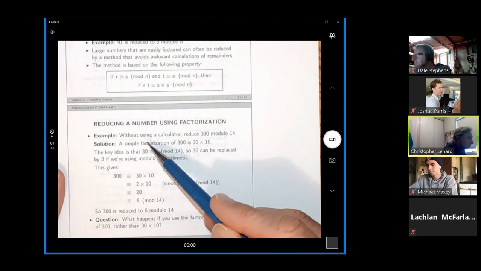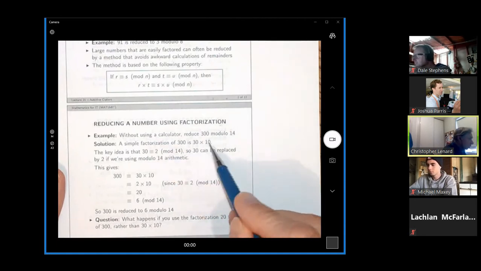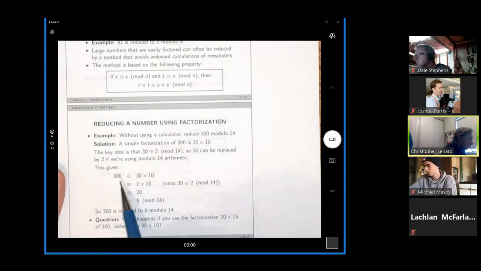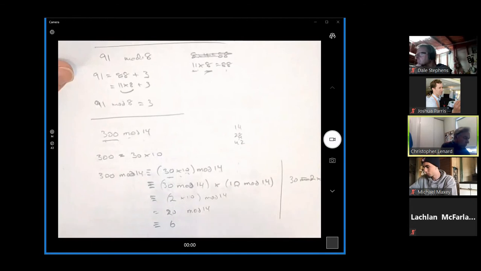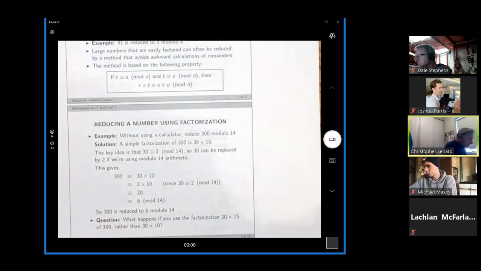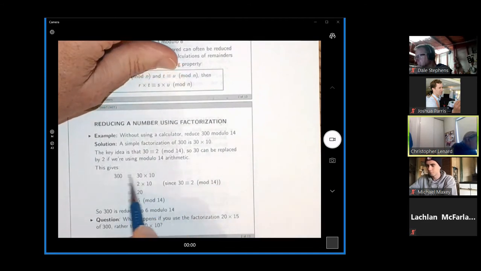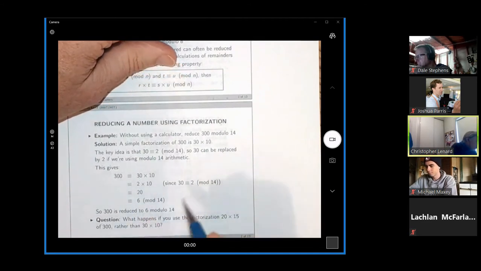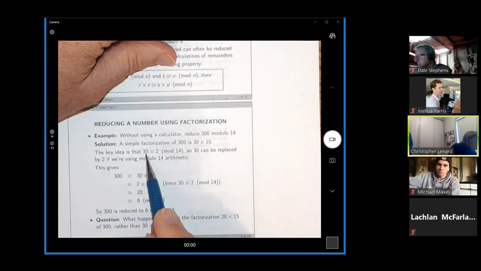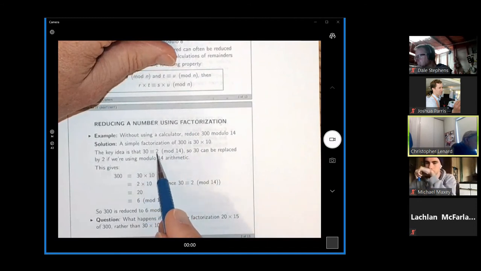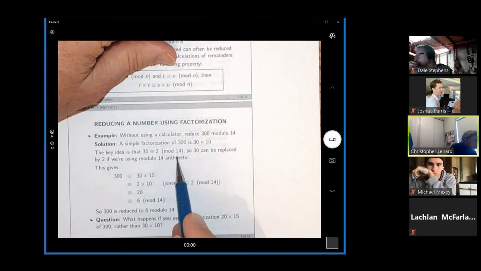Now, this is the neat bit. 300 is 30 times 10. I wrote this out a little bit awkwardly, but this is a better way of writing it. 300 is 30 times 10. And the point about this is that 30 and 2 are actually the same thing in the mod 14 arithmetic.